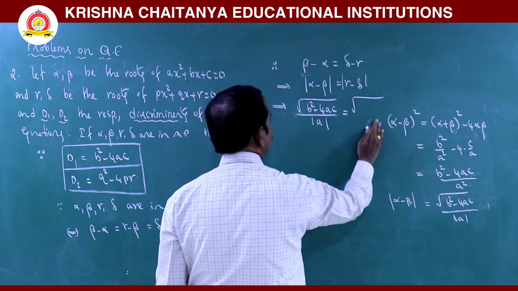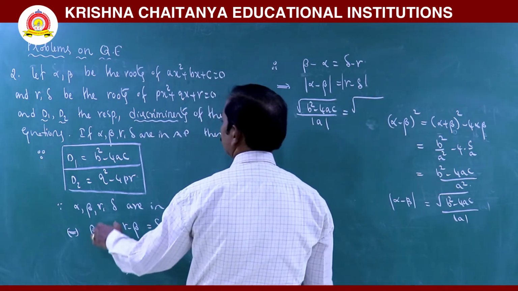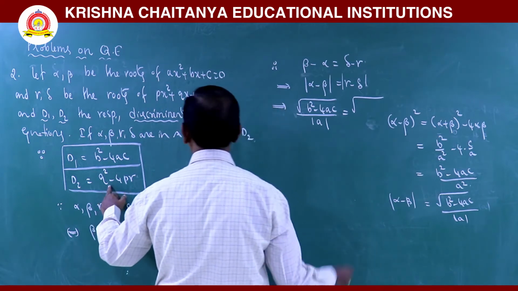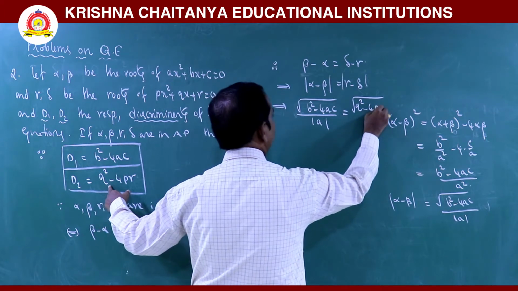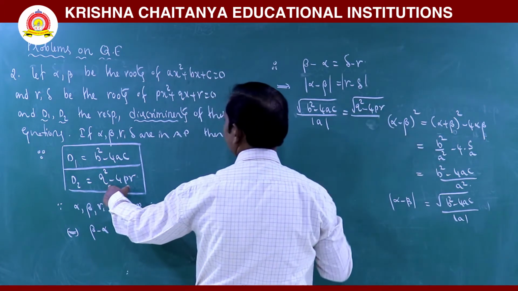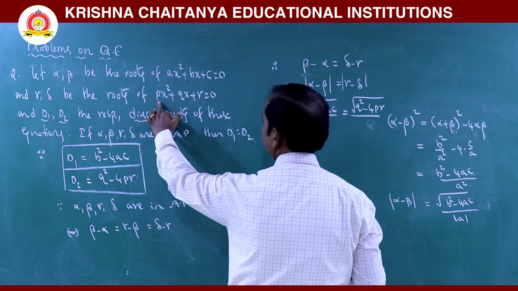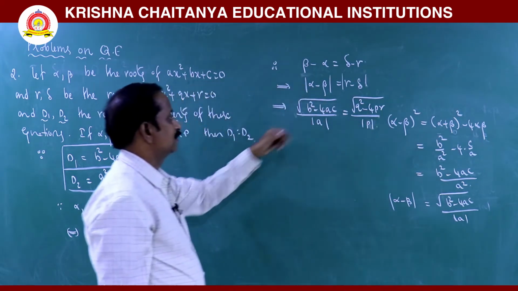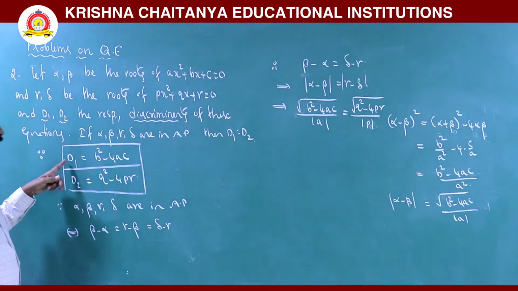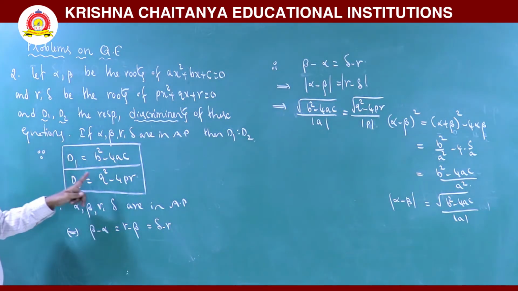I can write square root of b square minus 4ac for the second equation, which is nothing but q square minus 4pr divided by, instead of a, from the second equation, mod p. Now we know that b square minus 4ac is capital D1, and q square minus 4pr is nothing but capital D2.